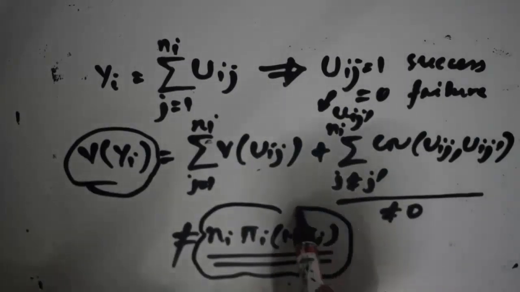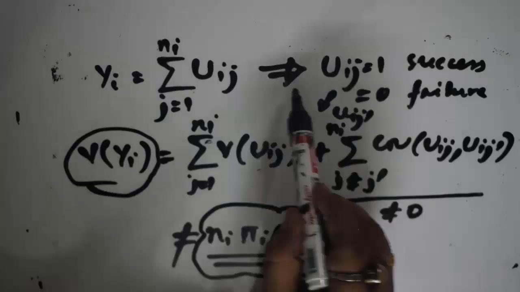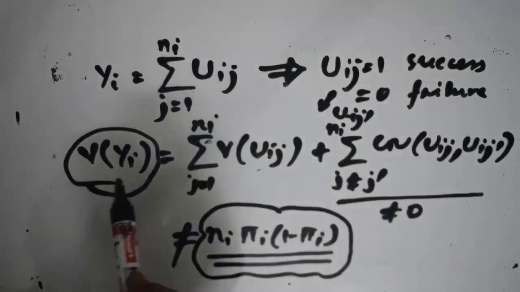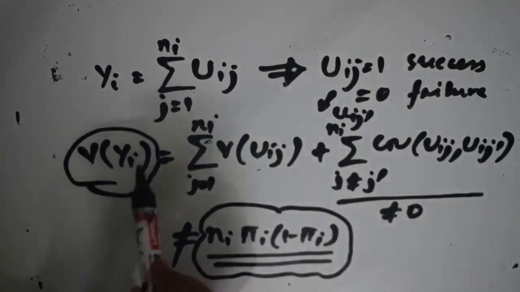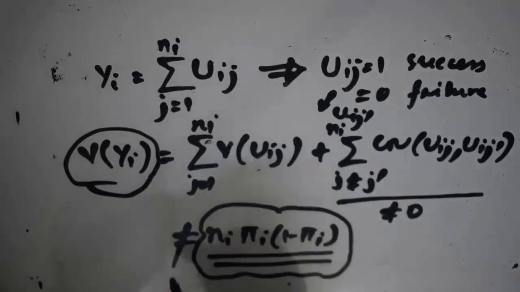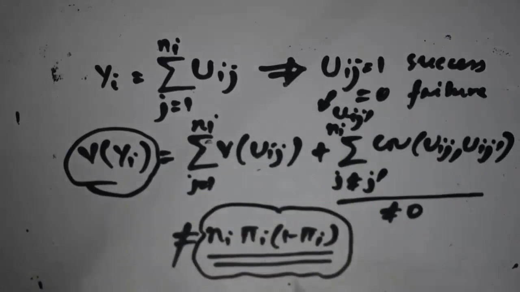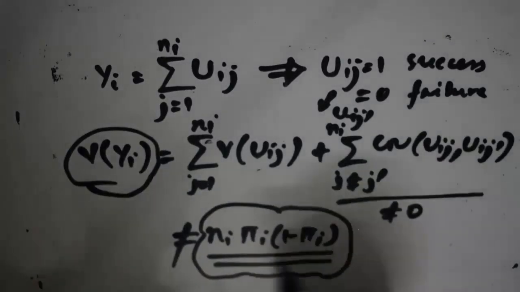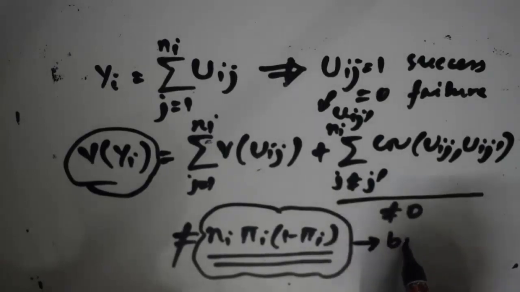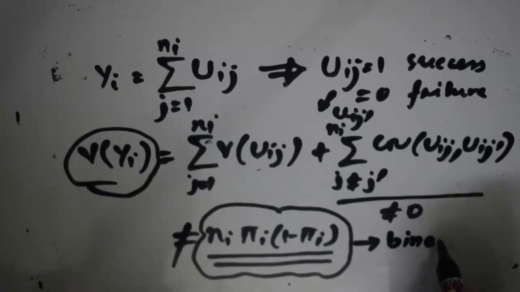But if the uij's are not independent, then the variance of yi is not equal to ni pi i into 1 minus pi i, the binomial variance.